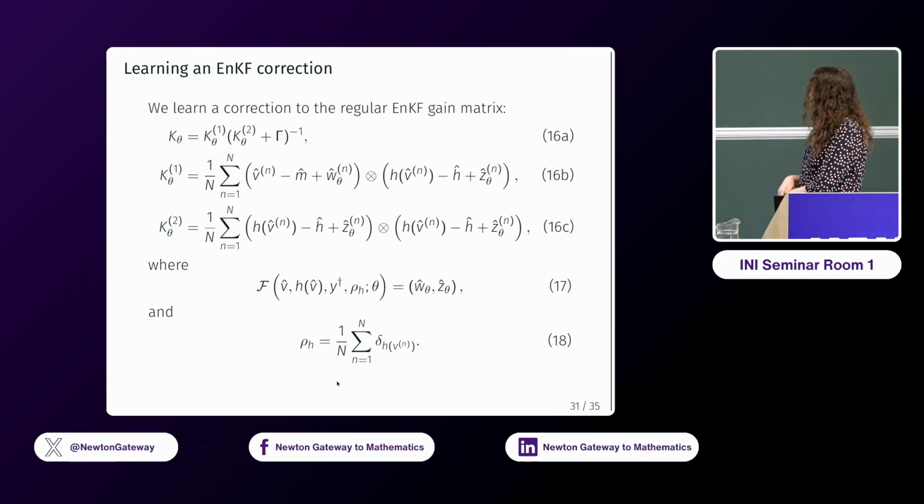So we do that by learning a correction to the ensemble Kalman filter gain.